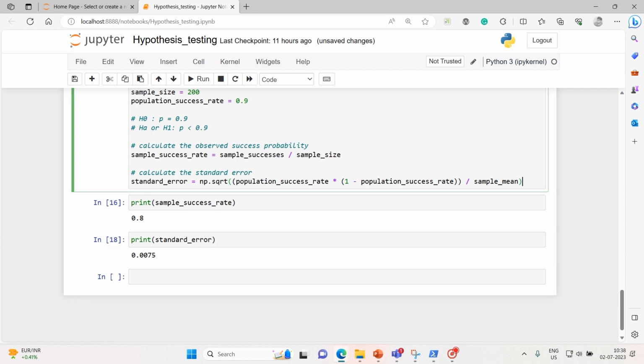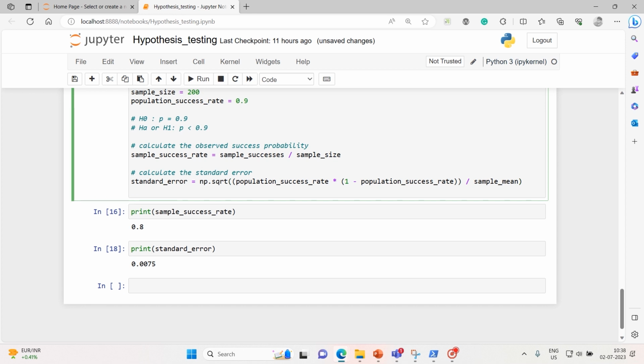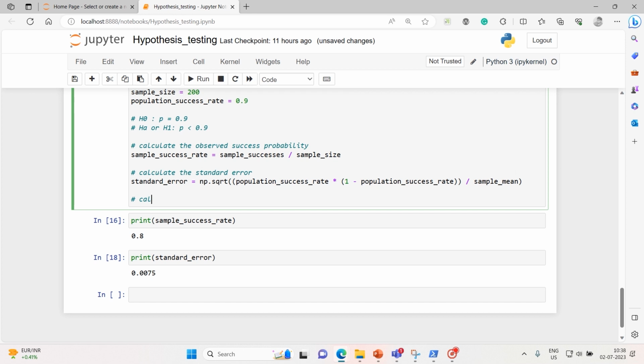Let's move ahead and calculate the z-score now. It's the most important one.